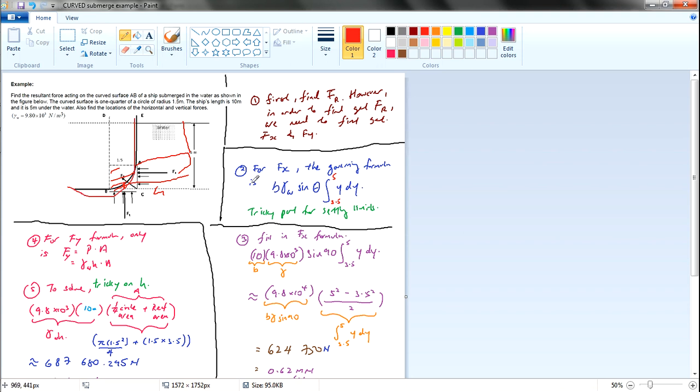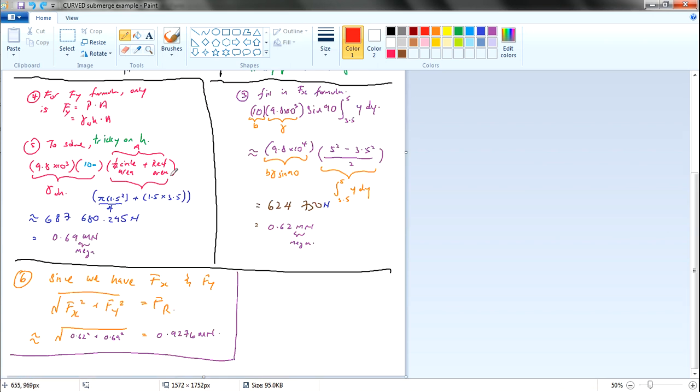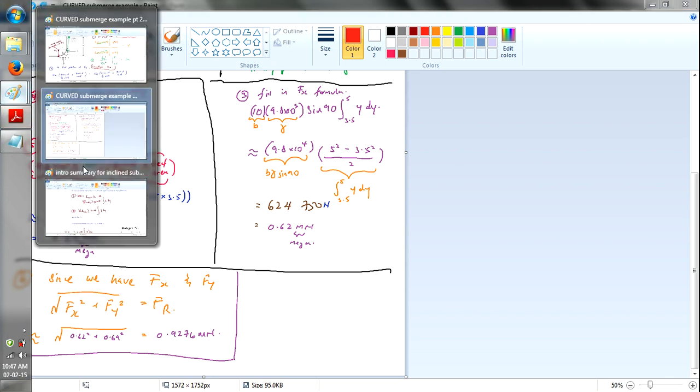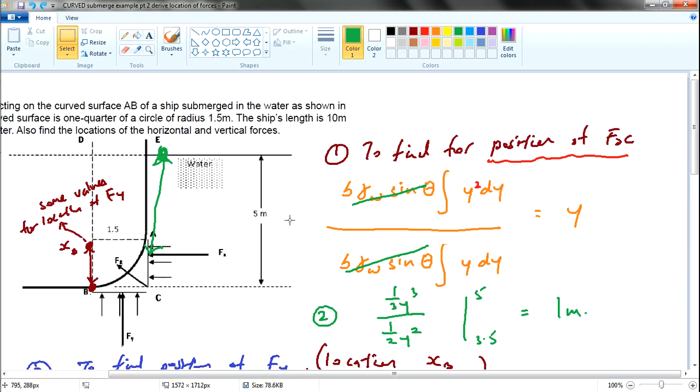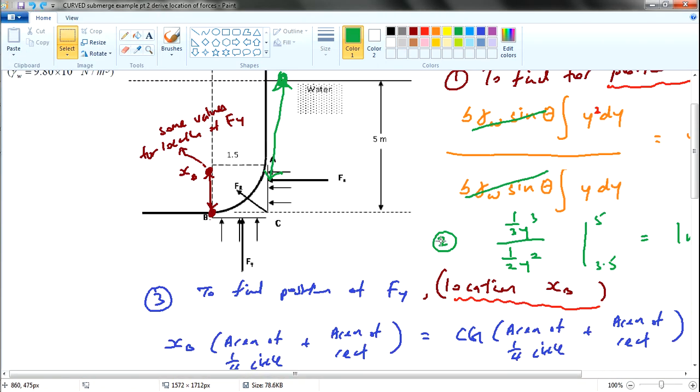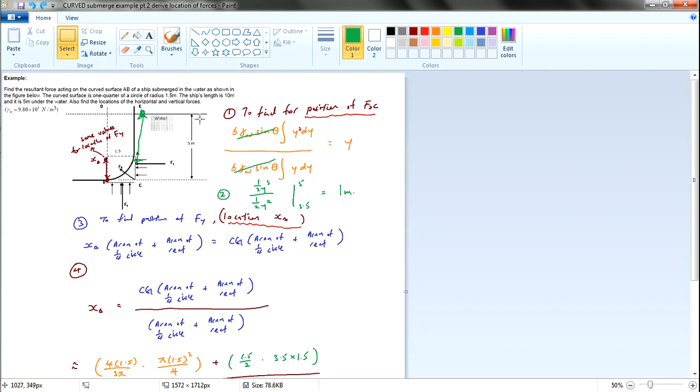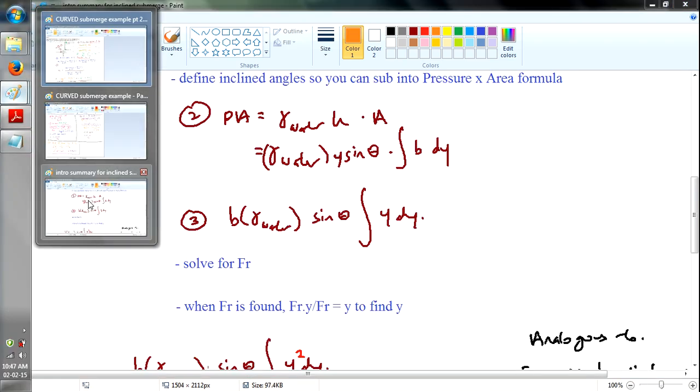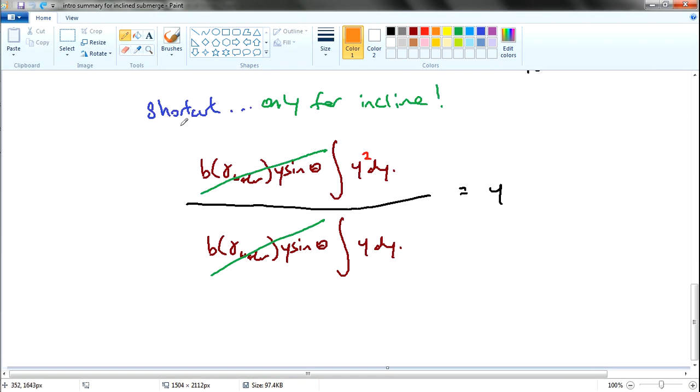Hope you get what I mean. And therefore you get a resultant force using trigonometry. And then to find the location is a little more complex. Anyway, this is the same equation as the inclined plane, so there's no doubt about it.